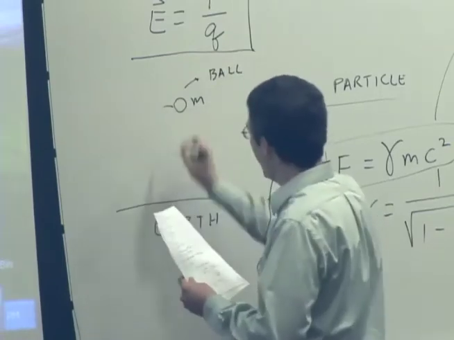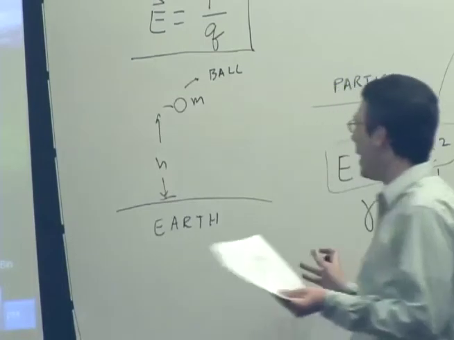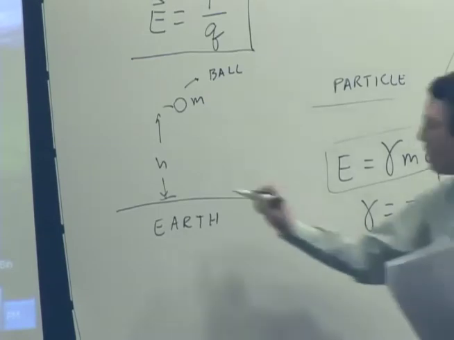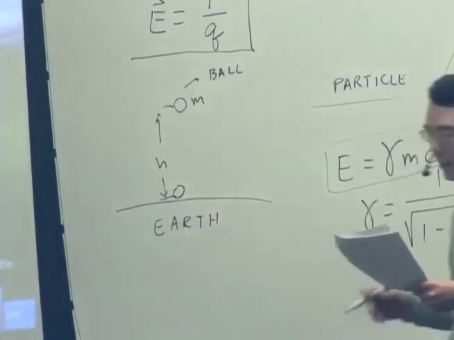And it falls some distance, h. And you want to find how much the energy has increased until just before it hits the ground. Okay, so some distance h, and we're looking at how fast it's moving or what's going to be its energy right before it hits the ground.